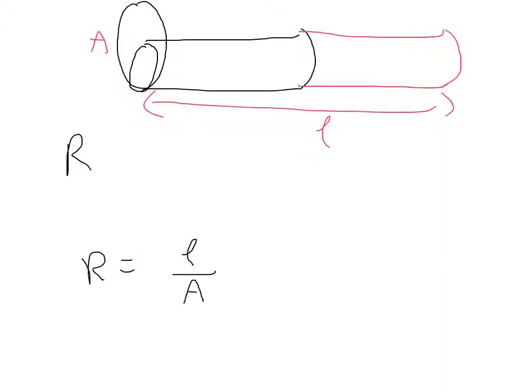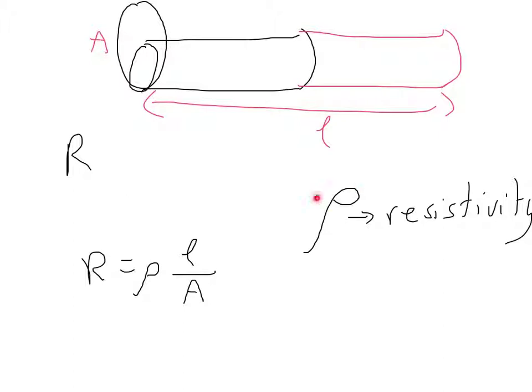And now we are only missing one number, and this little number is called the resistivity, and we're going to write it with this weird Greek letter. Okay, so I'm just going to make it big so that you can see, and this is called the resistivity. Now this number depends on the material. So some materials have a lot of resistivity, which means that they're very hard to travel through for your electrons, and some of them have very low resistivity, which means they're very easy to travel through for the electrons.